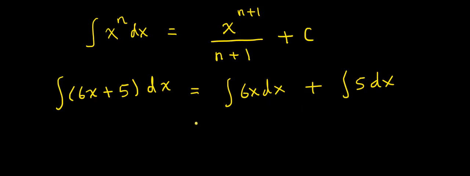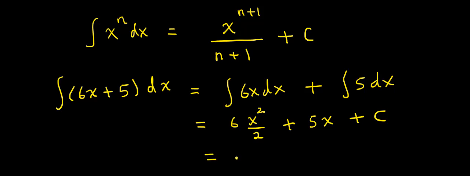So this is going to be 6x squared over 2 plus 5x and then plus c. So 6 divided by 2 is going to be 3x squared plus 5x plus c. Now let's double check. Let's take the derivative of this. You will get 6x plus 5, because the derivative of c again is 0.